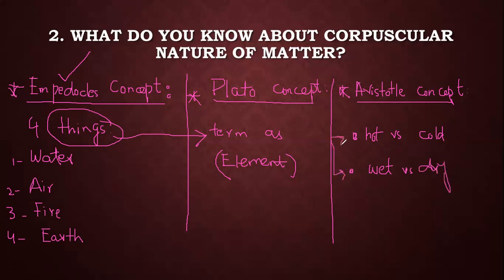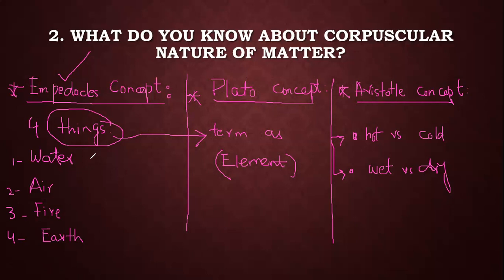So this is the empirical concept. He represented that all the universe is made up of four things: water, air, fire, and earth. Plato termed the four things as elements, and all the universe is made up of four elements.